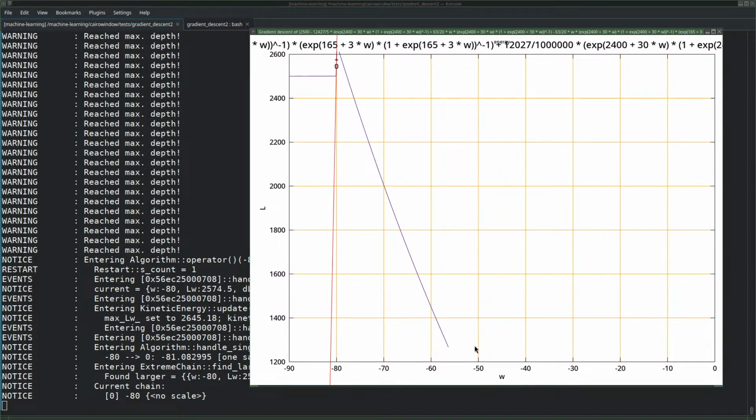I think the reason it stops drawing here has to do with this sharpness here. We have only a limited number of points, and it puts all the points here. But yeah, let's make it 2600 in a little bit.